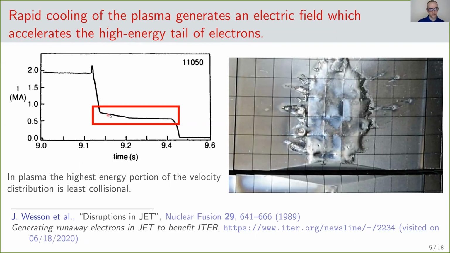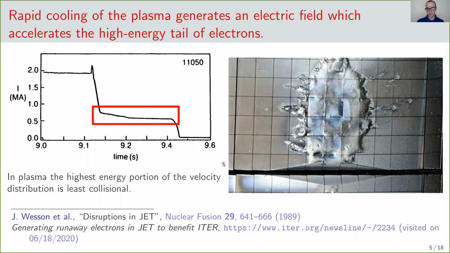And so here you see this region where a very small population of electrons at very high velocity are holding a substantial amount of plasma current for an extended period of time. And then eventually this population of electrons is released.